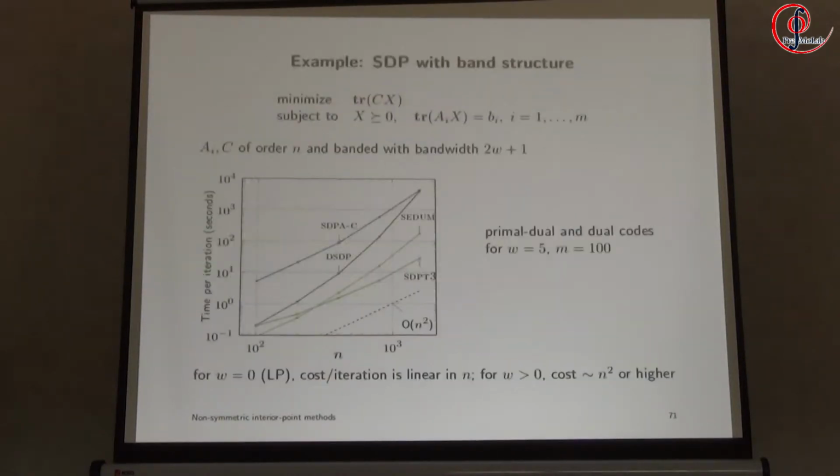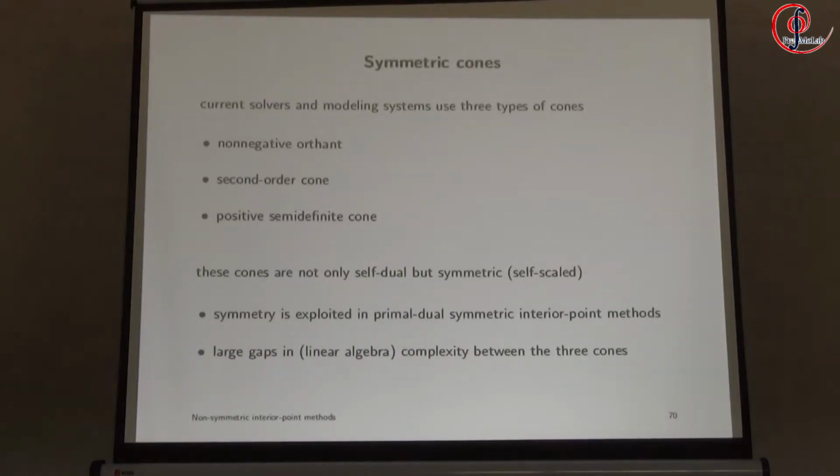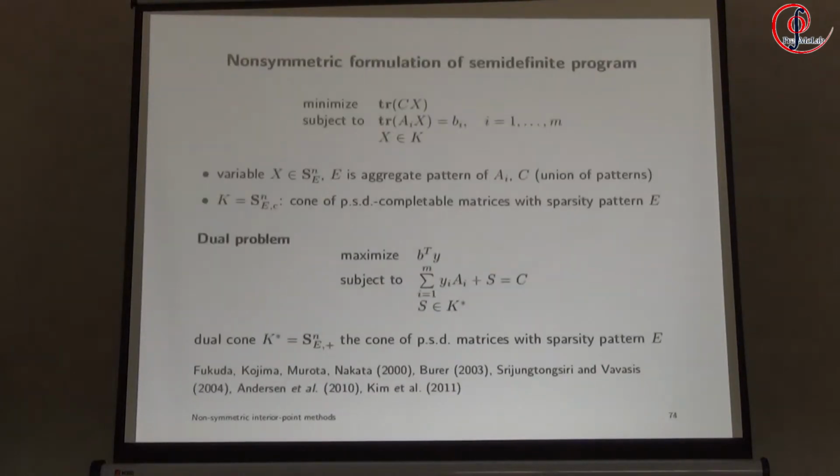So one possible answer to improve this situation is to allow more than these 3 cones, because of the large gaps between these cones. We can just add more types of cones. For example, banded positive semi-definite cone, or positive semi-definite cone with an arrow pattern, and so on. So that's what we do now in the rest of this part.